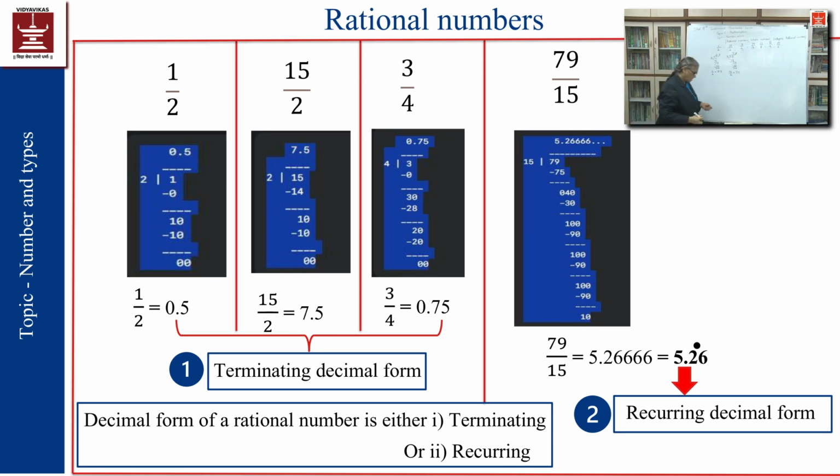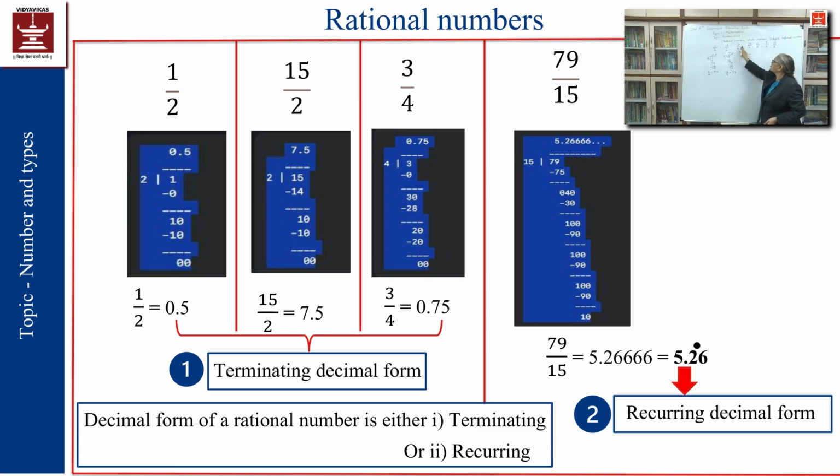Let us see another rational number, 3 upon 4. So, 3 upon 4 will be 3 divided by 4. Even though the numerator is smaller than the denominator, we divide the numerator by the denominator and not vice versa. Remember that. So, we are going to divide numerator 3 by denominator 4. The first quotient will be 0. The remainder is 3.